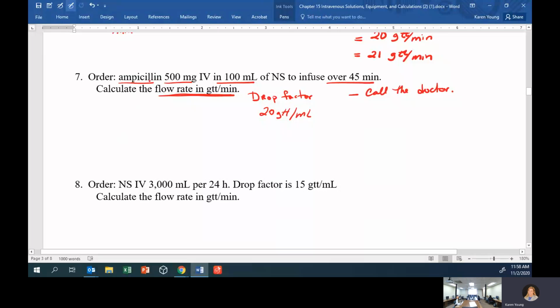Do I need the 500 milligrams of ampicillin? No, because it should be in our bag already. So I need the 100 milliliters over 45 minutes times my drop factor, 20 drops per milliliter.